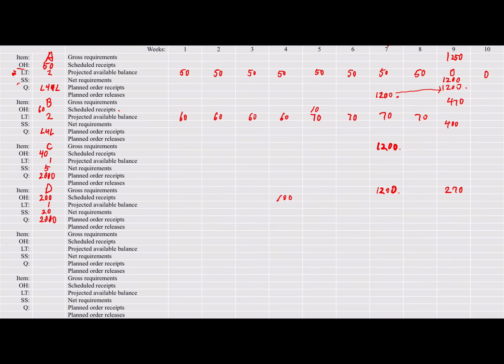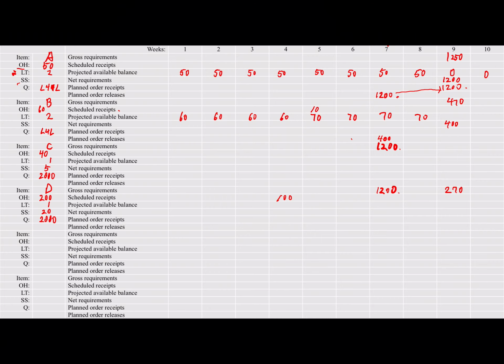We look at the lead time and also the quantity. It's lot for lot, which means I only need to order 400. The lead time is 2 weeks, so I will release the order 2 weeks before week 9, which is here. 400.